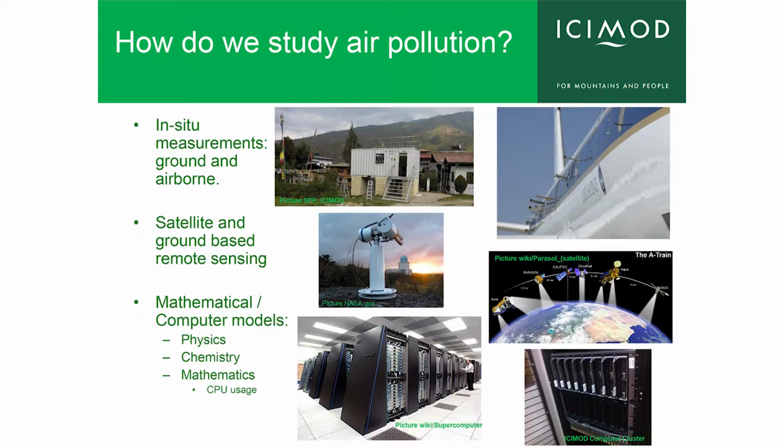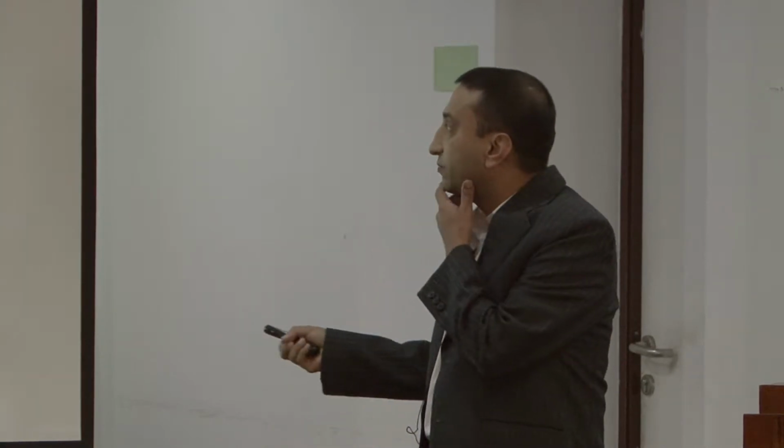Then satellite, which is looking upwards, such as this sun photometer, and then top down, using satellites looking down on the Earth. Both of these measure column amounts, and the next lecture will talk more about satellites.